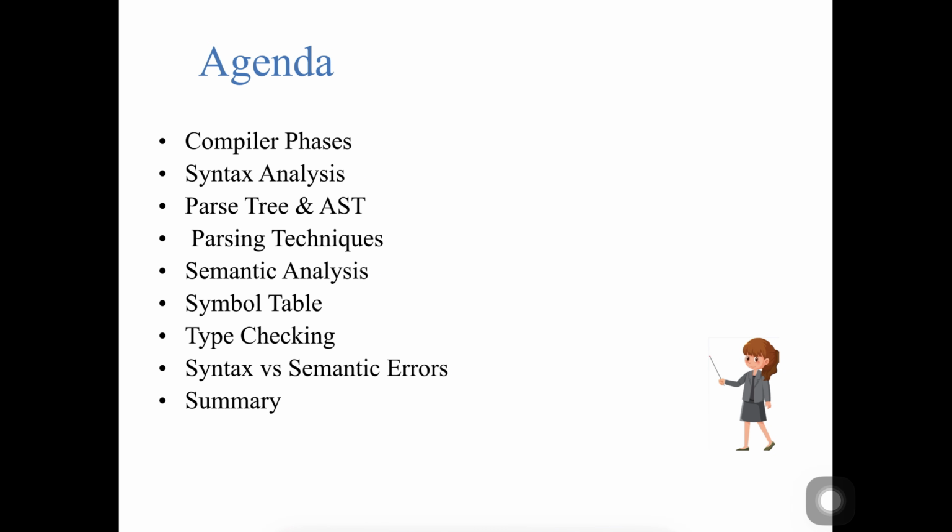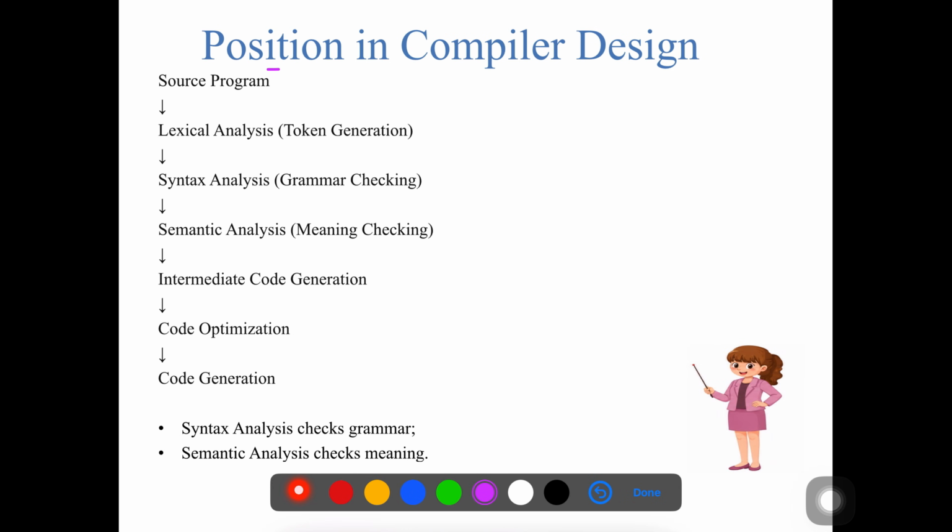The position in compiler design. The source program is given to the lexical analyzer, which first converts the source code into tokens such as keywords, identifiers, and operators. These tokens are passed to the syntax analysis, where the compiler checks whether the program follows the grammar rules of the programming language.